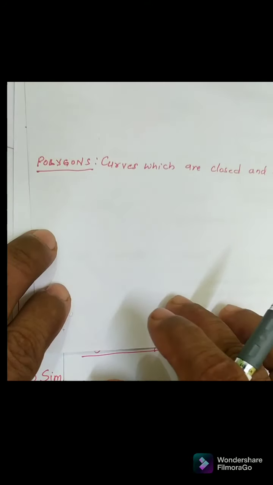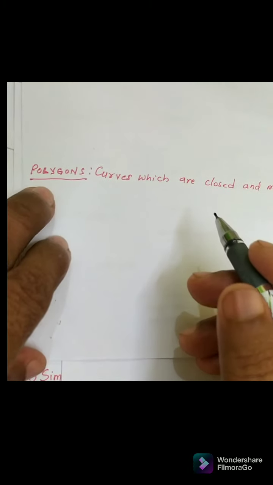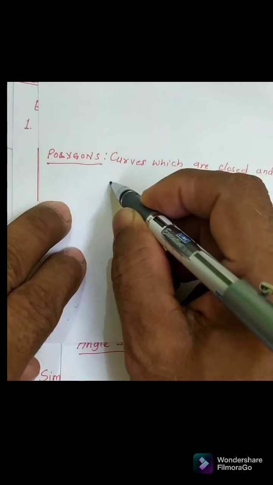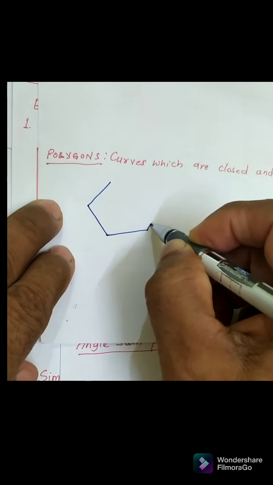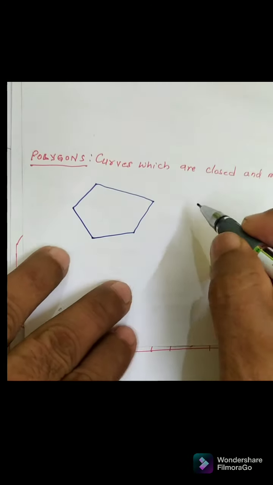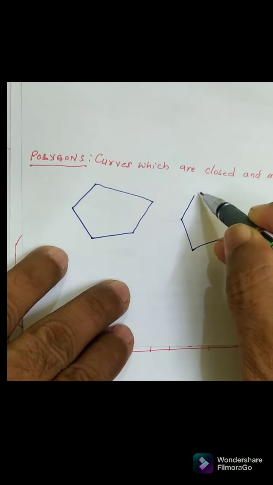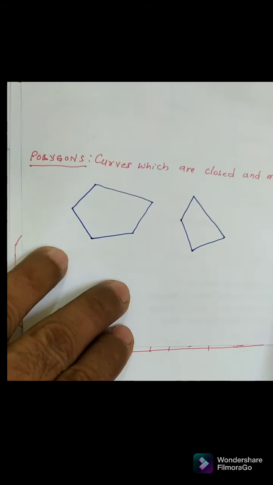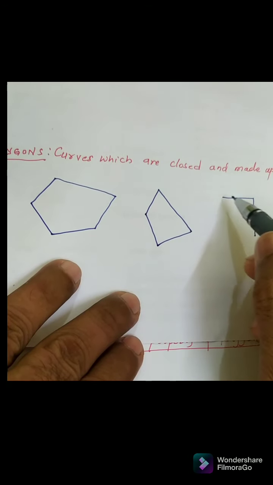So now what are polygons? Polygons are curves which are closed and made up of line segments. It should be a closed curve like this. There can be any number of sides. This has 5 sides. For example, these are 4-sided figures, any type like this.